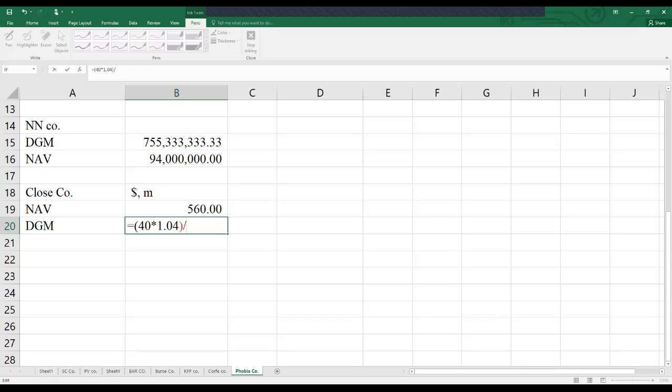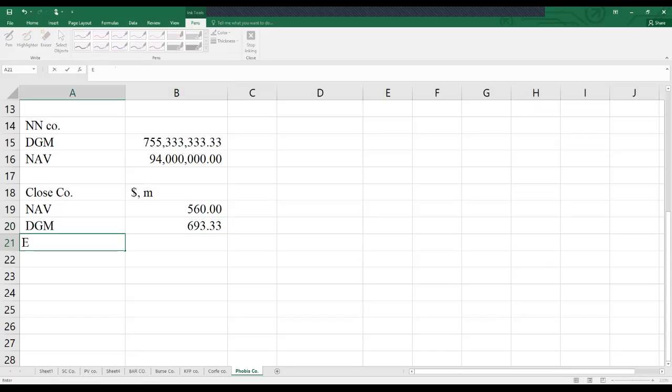We divide by the cost of equity of the company, which is 10%, 0.1, minus the growth in dividend, 4%, 0.04. We get 693 million to be the company value using the dividend growth model.